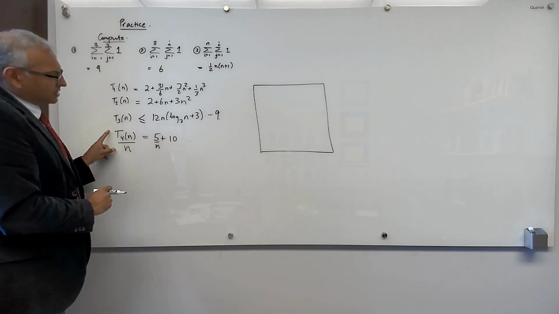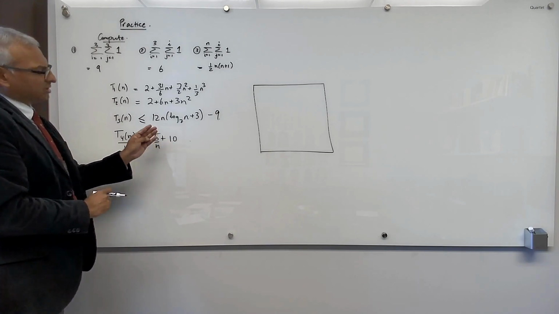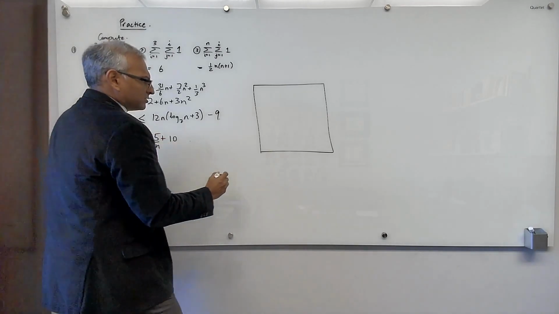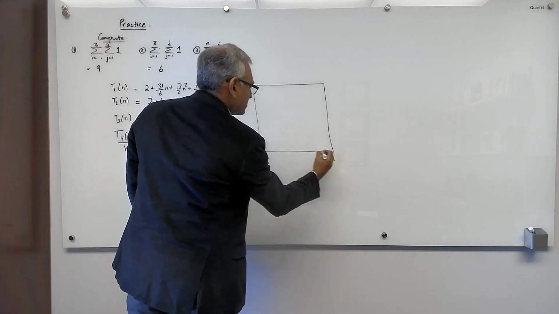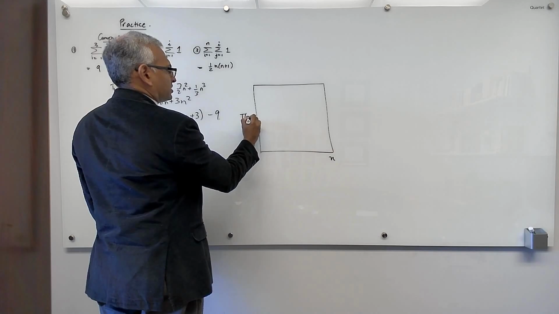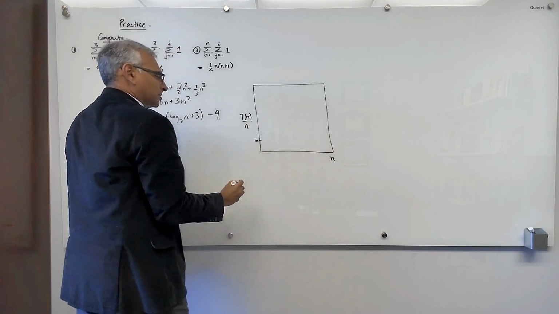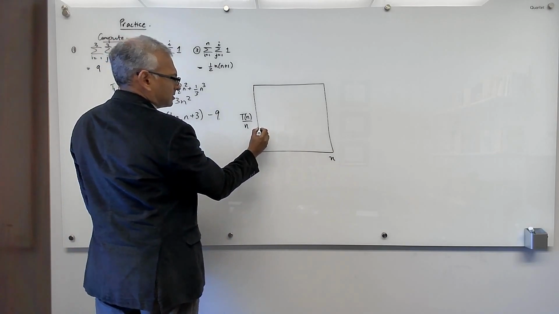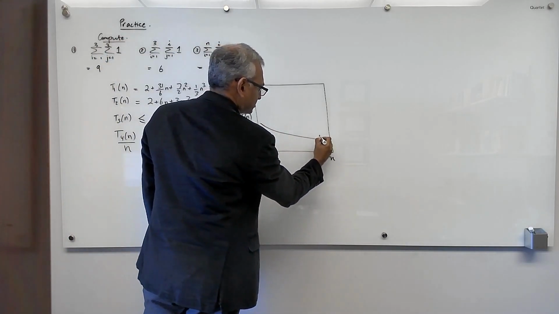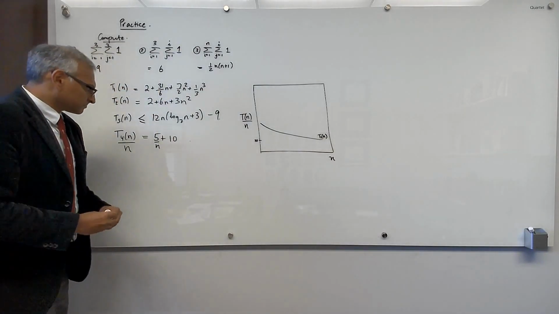You can see that this running time starts at 15 when n is 1 and then gradually drops to 10. So if this is n, and this is the running time divided by n, and this is 10, then this algorithm's running time, T4, looks something like that. Nice.